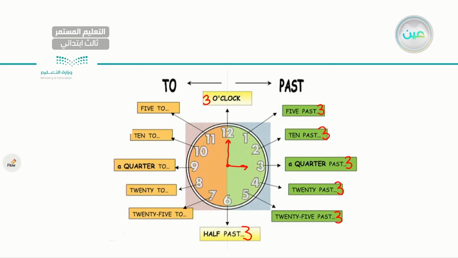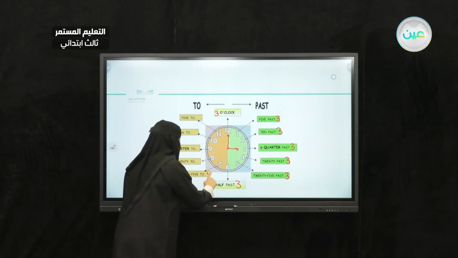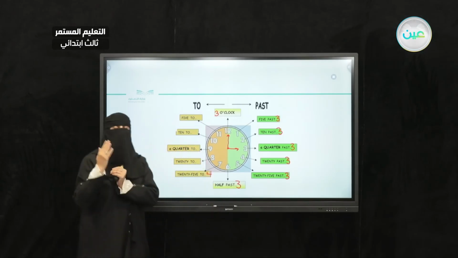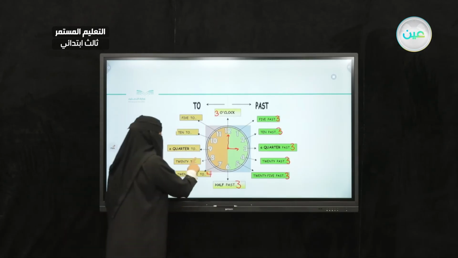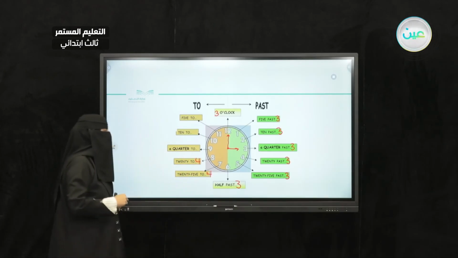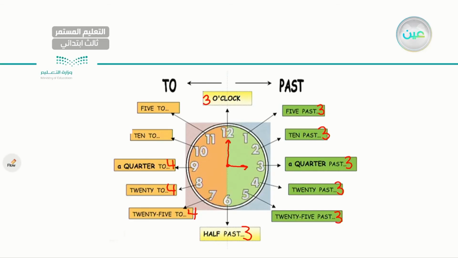The answer is no. Since we are moving to the next hour, 25 to 4. Very good. Let's add 5 more minutes. 20 to 4. Very good. Quarter to 4. Excellent. 10 to 4. 5 to 4. And now it is 4 o'clock. And on and on and on. Very good, my dear student.